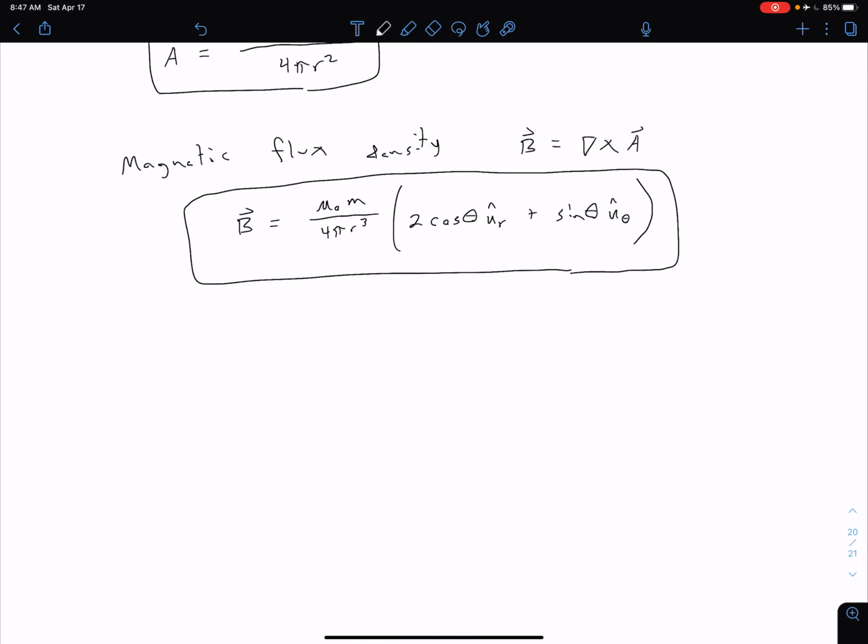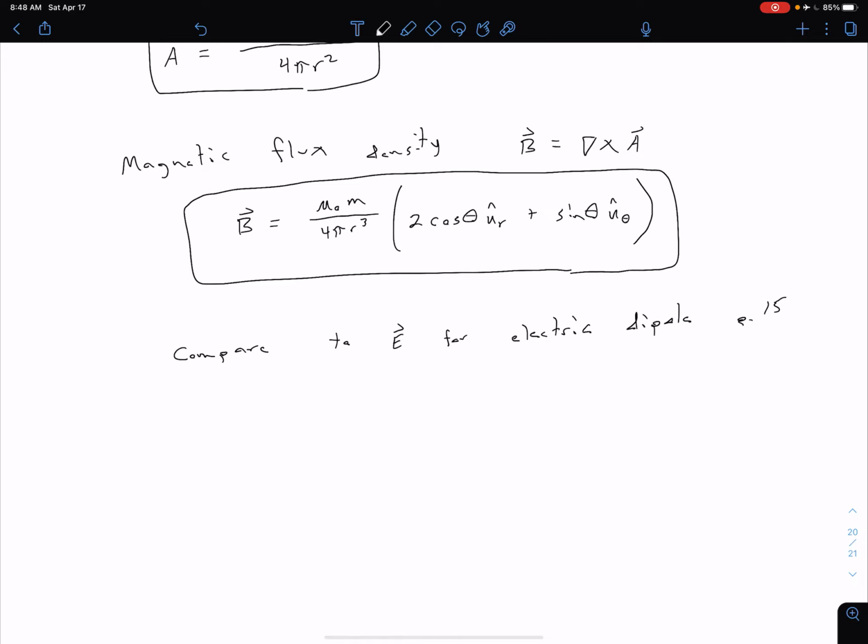Okay, so let's then compare to our E expression for an electric dipole. We saw this previously in the notes.